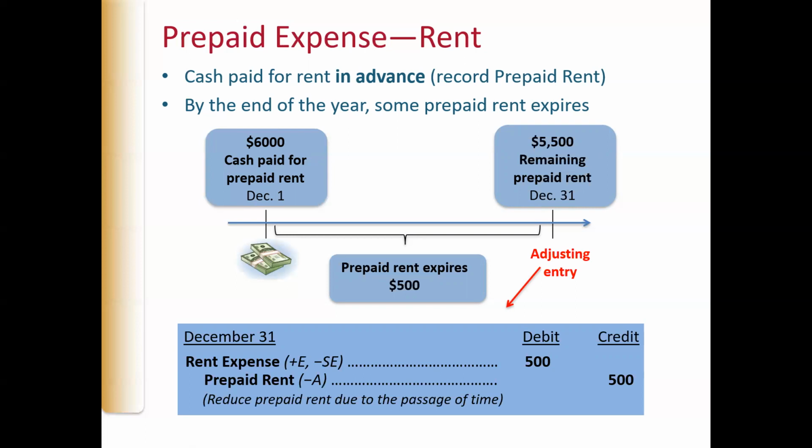And we're reducing our prepaid rent by $500. We're reducing prepaid rent just due to the passage of time. Rent is about being able to utilize a building, an office, a house for a period of time, and just due to the passage of time, it's being expensed.